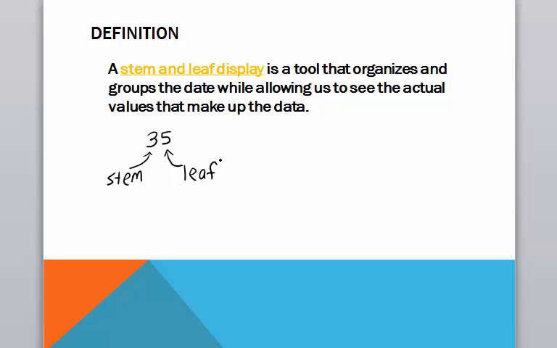In the case that we have a three-digit number, for example, 417, you will normally see the first two digits being the stem and the third digit being referred to as the leaf.